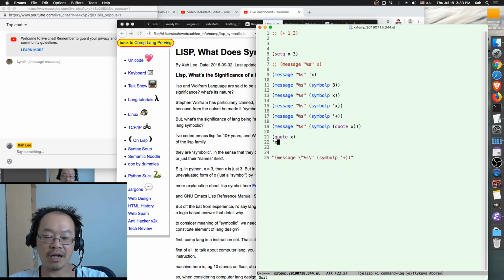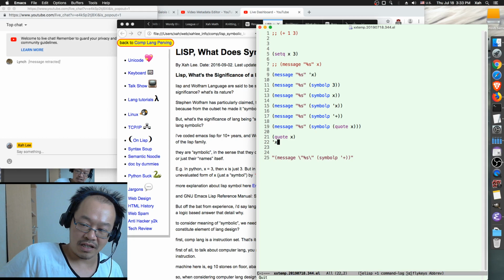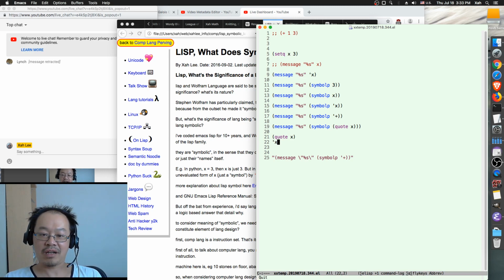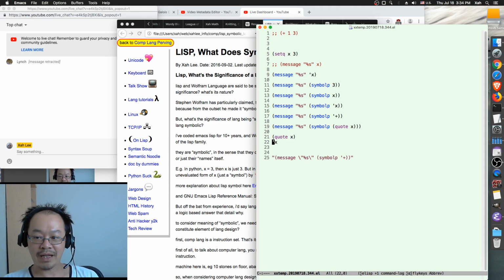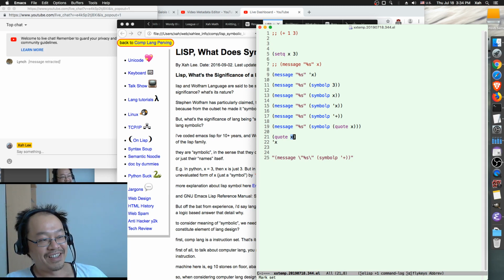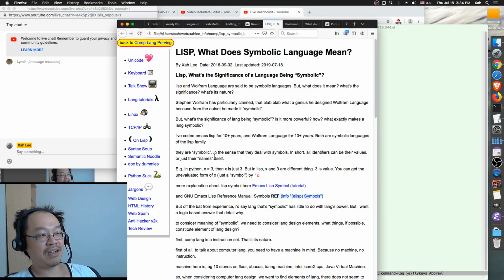They are syntactically equivalent, meaning that when Lisp compiles it, these two things are exactly the same before it even starts to compile the code. In Lisp, it's called quoting a symbol, meaning do not evaluate this symbol. Instead, what you want is the symbol itself. So Lisp and Mathematica are symbolic.